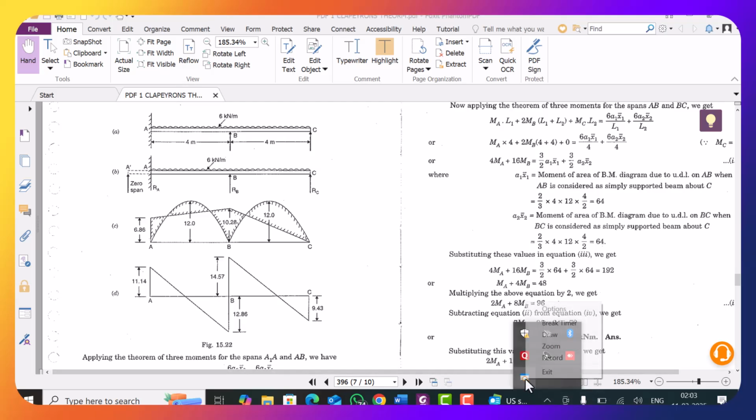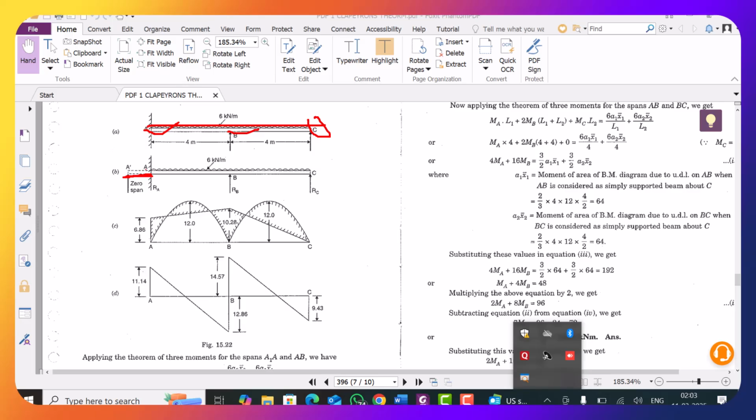Now listen carefully. At the end, you have calculated the values of moment at A and moment at B, because moment at C is 0, being a simple support. To calculate these two unknowns, you need two equations. If you look at this continuous beam ABC, it is not possible to develop two equations. So what you have to do is assume one imaginary, one virtual span.